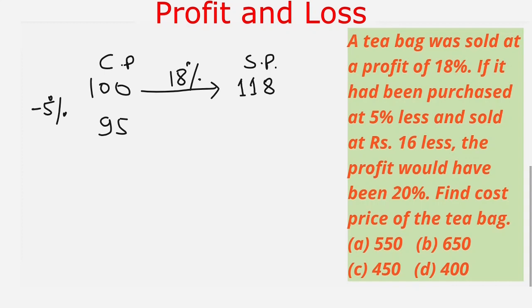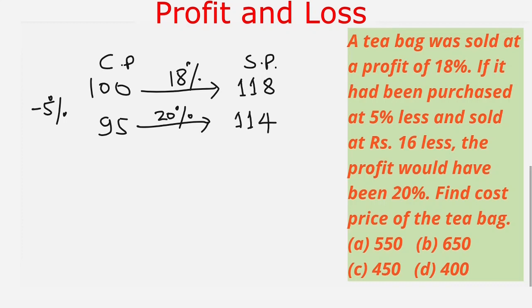And if it had been sold at rupees 16 less, then the profit would have been 20%. So we first calculate 20% on 95, and 20% of 95 is 19, and 95 plus 19 is 114.